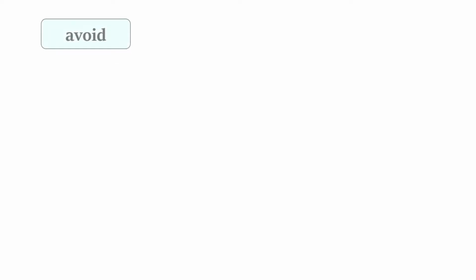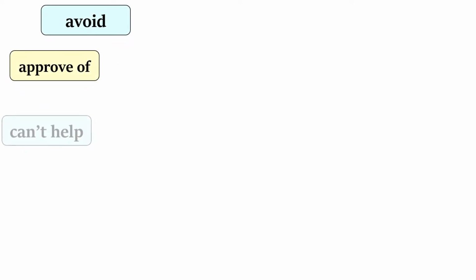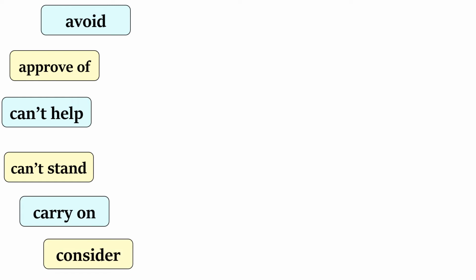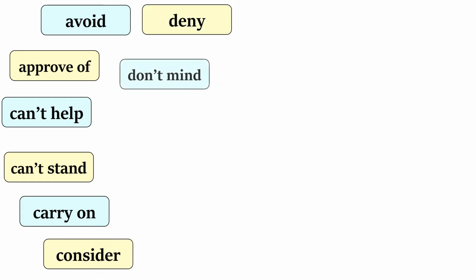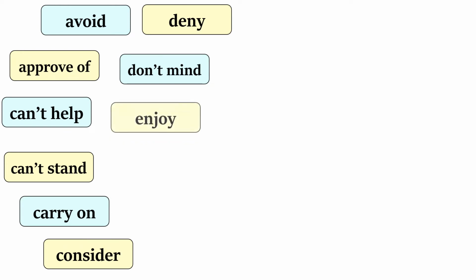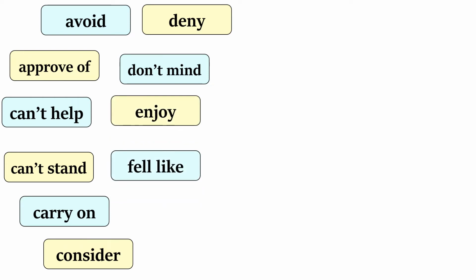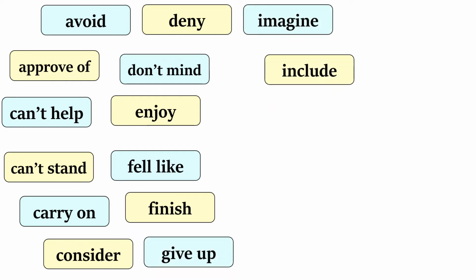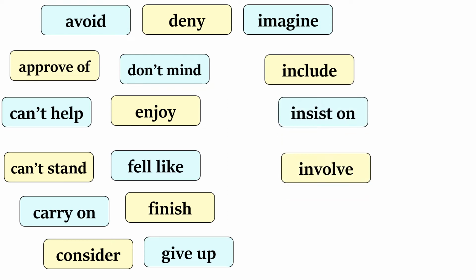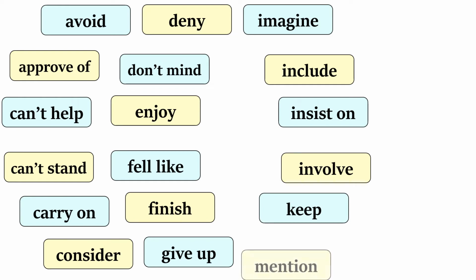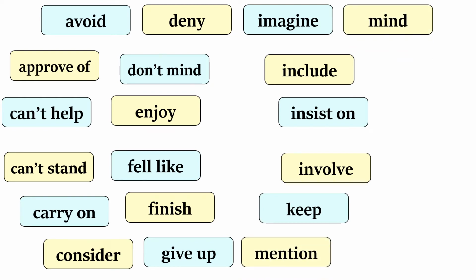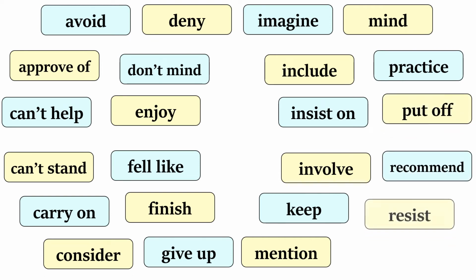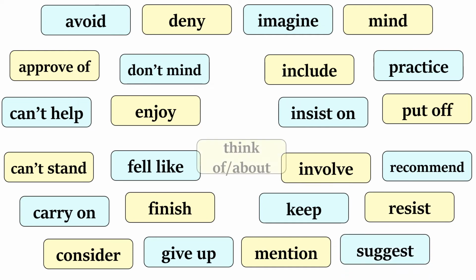These verbs are avoid, approve of, can't help, can't stand, carry on, consider, deny, don't mind, enjoy, feel like, finish, give up, imagine, include, insist on, involve, keep, mention, mind, practice, put off, recommend, resist, suggest, think of or about.